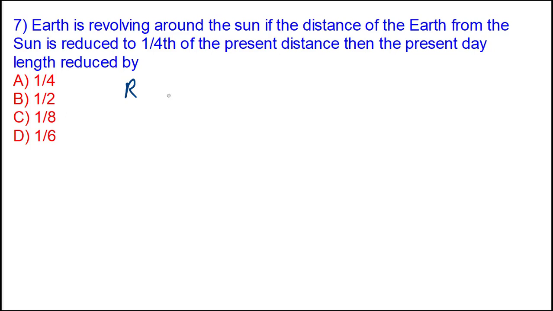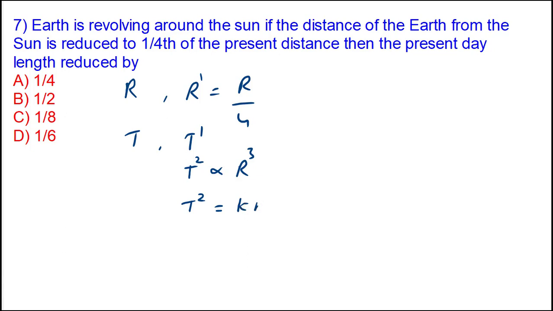Now the new distance r dash is r by 4. So this is the previous time. Now we need to find t dash. According to Kepler's third law, T square is proportional to r cube, which means T square is equal to k times r cube.